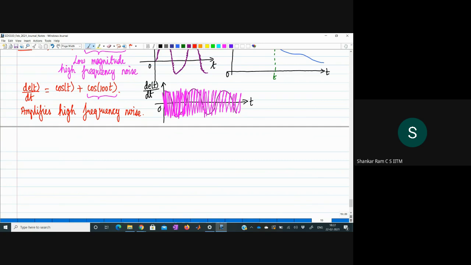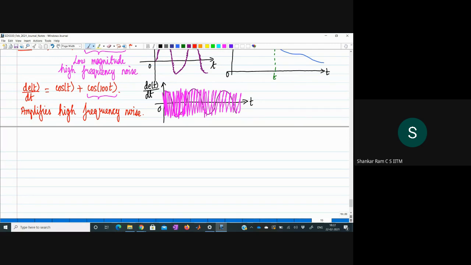Please find out how the derivative is realized in practice, and then please get back to me in the next session, so as to avoid this issue of amplification of high frequency noise.